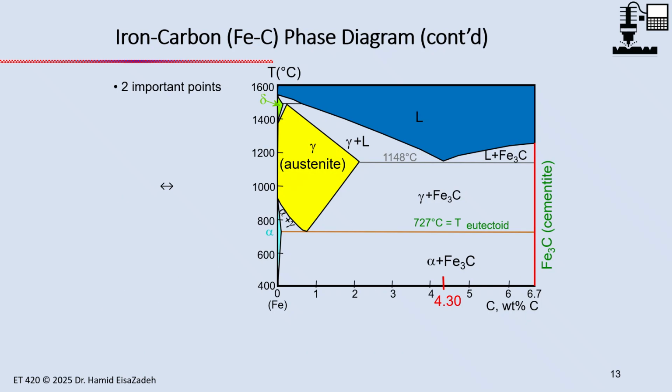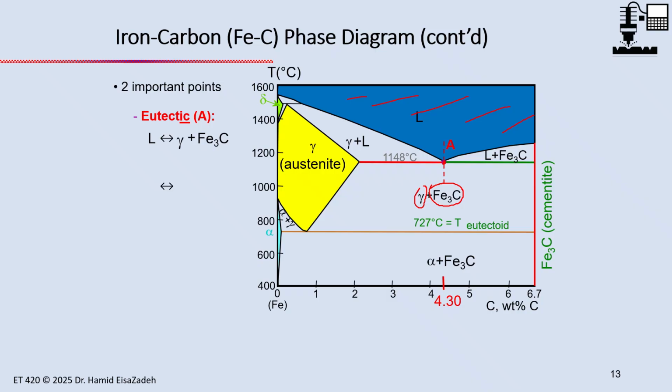Okay, here is the phase diagram of Fe-C, or iron carbon. We have several reactions in this phase diagram that I'm going to describe. The first reaction is at point A: in this area we have liquid, and below that point we have gamma plus cementite, right? This is cementite, we mentioned it.